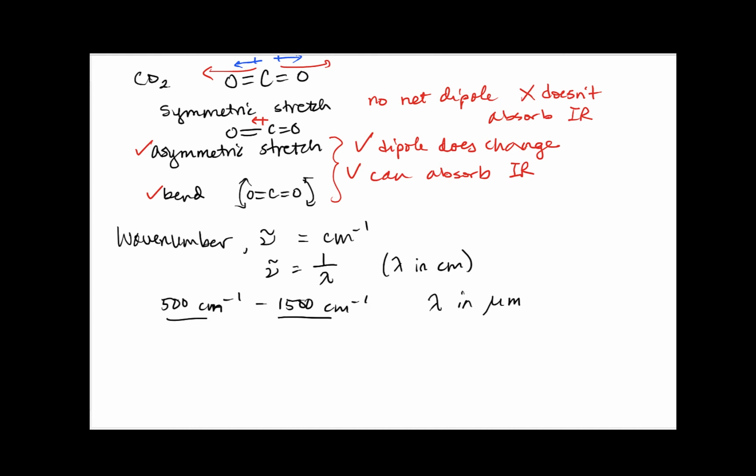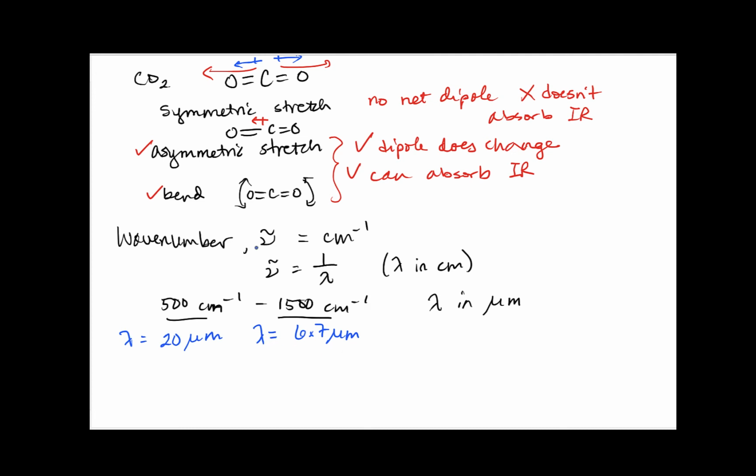Okay, hopefully you had a chance to do that, and you found that for 500 wave numbers, we have 20 micrometers for the wavelength, and for 1500, you should have about 6.7 micrometers for the wavelength here.